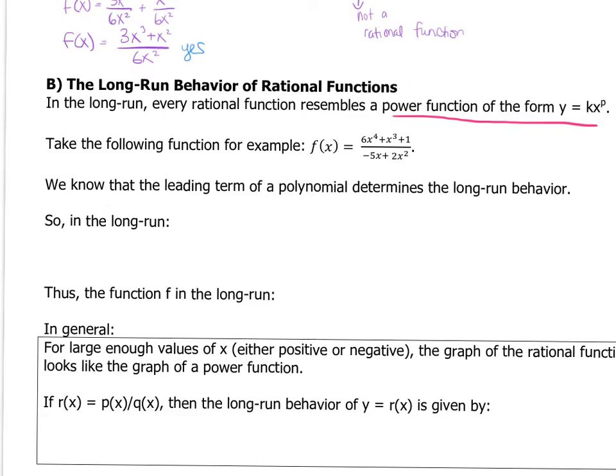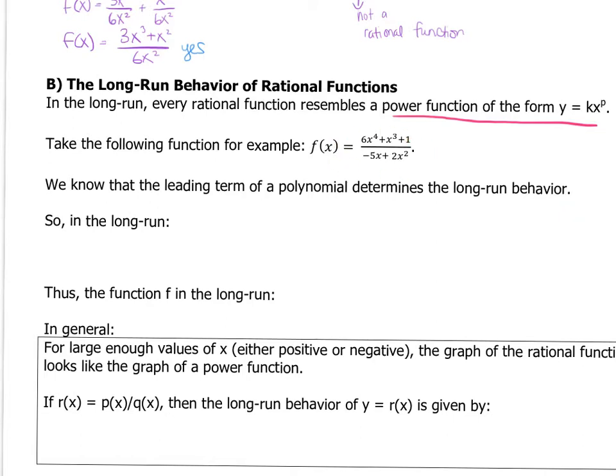So let's take, for example, what we're given here, function f of x. We have f of x equals 6x to the fourth plus x cubed plus 1 over negative 5x plus 2x squared. Now, if you remember back from our discussion in polynomials, we know that the leading term of a polynomial determines the long run behavior.